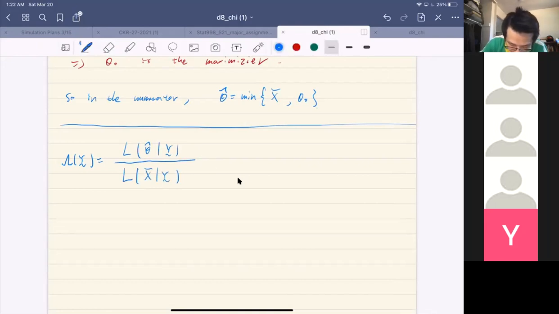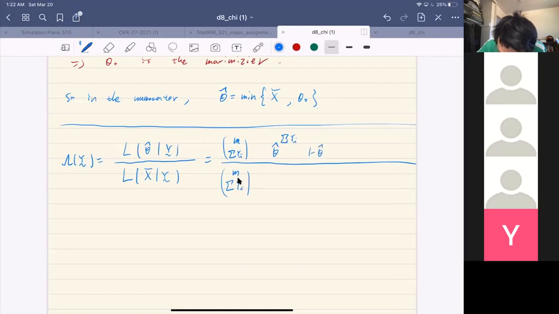Let's look at theta hat to the summation yi times 1 minus theta hat, over the same with S bar.